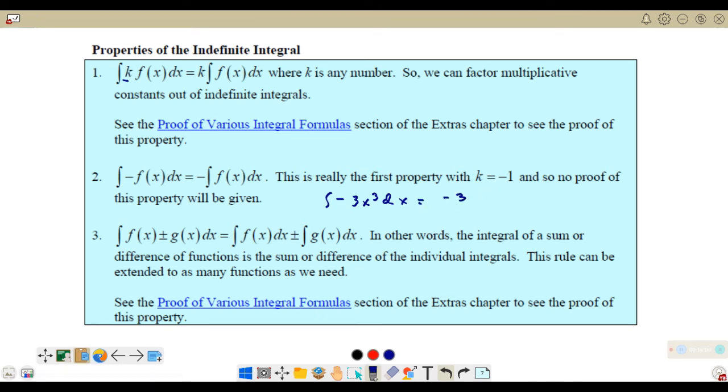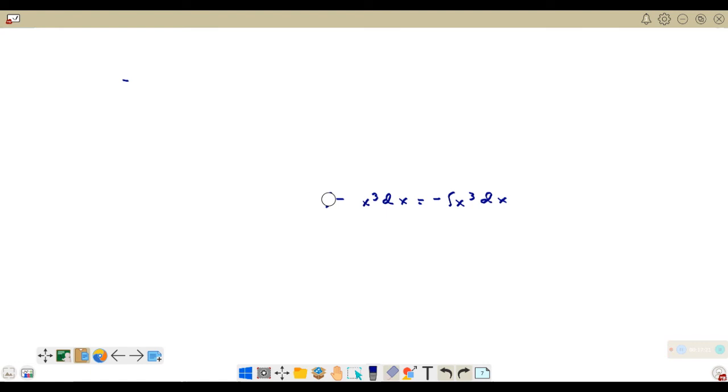Okay? Similarly, kung negative x cube lang yan, ibig sabihin, meron lang siyang numerical coefficient na negative 1, so ilabas mo na lang si negative na symbol. You don't have to write negative 1. So, negative x cube dx. Okay?